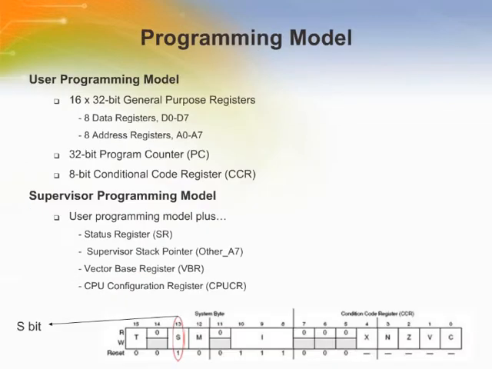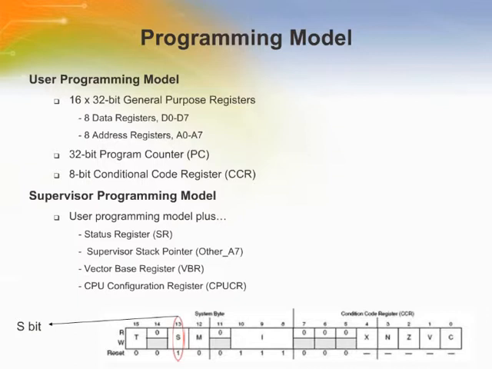There are 2 programming models configurable: user mode and supervisor mode. The user programming model includes 16 32-bit general-purpose registers split equally into 8 data registers and 8 address registers.